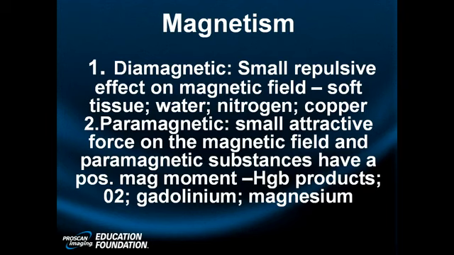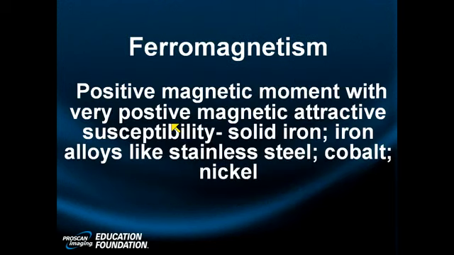Paramagnetism. It enhances an attractive force on the magnetic field. In other words, it increases the magnetic moment. This is seen with hemoglobin blood products, oxygen, gadolinium, magnesium. Ferromagnetism. This is when you have a very strong positive magnetic moment with enhanced attractive forces.